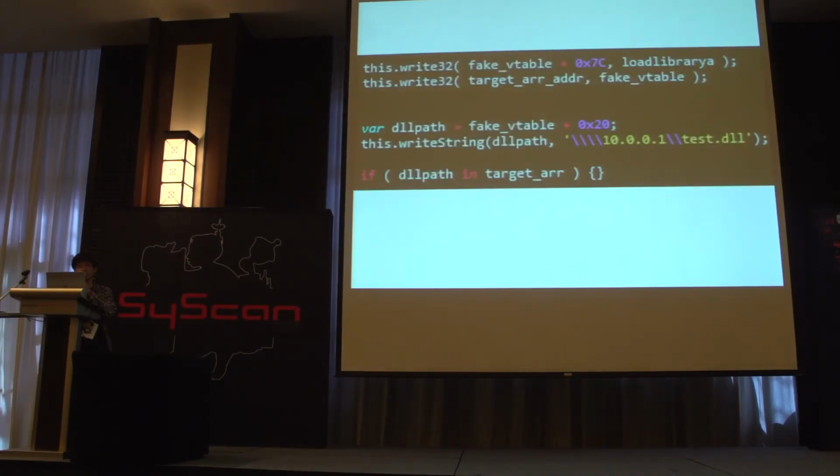Here is the code we use to call LoadLibrary to bypass CFG. You can see we overwrite the virtual function with LoadLibraryA, and then we give the parameter to LoadLibraryA, which is the UNC path of our payload DLL.